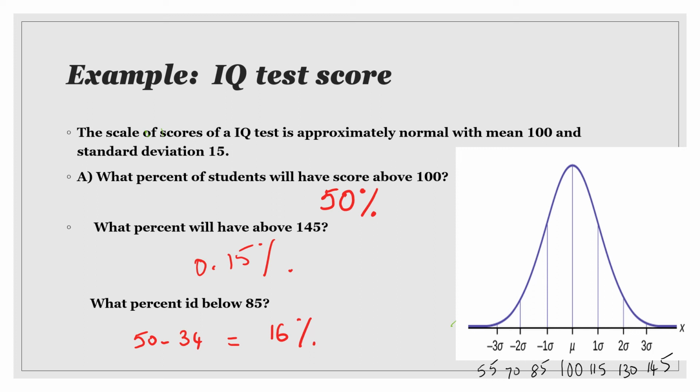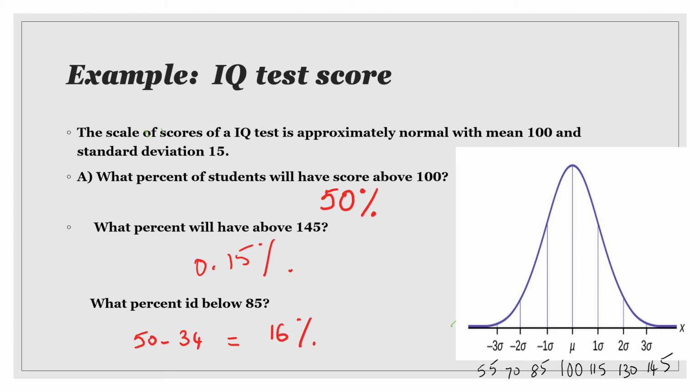What percentage of students will have above 145? 145 is nothing but mu plus 3 sigma. So between mu and 3 sigma, I'll have half of 99.7. So the portion above 3 sigma will be 50 minus half of 99.7.